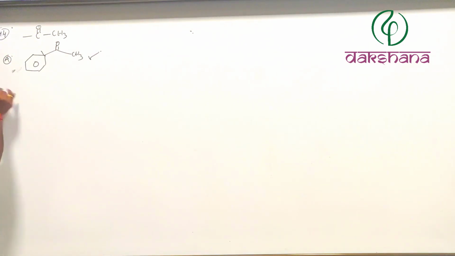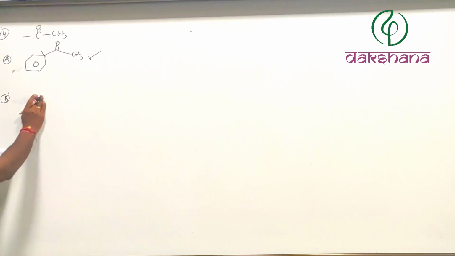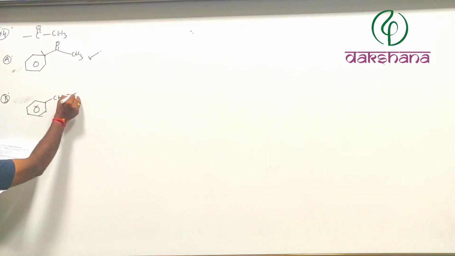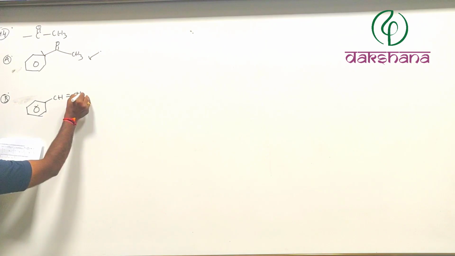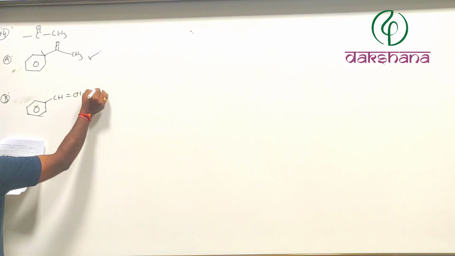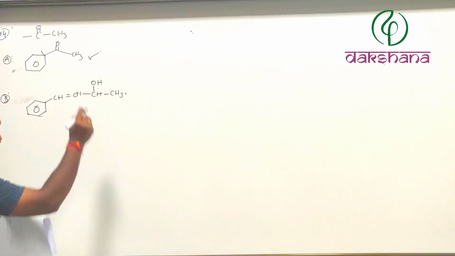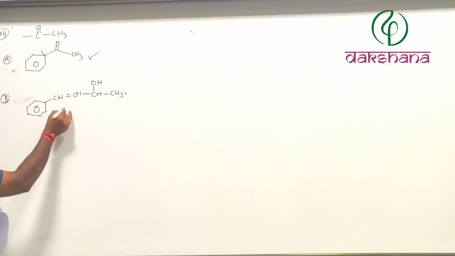Option B, benzene nucleus C6H5, then double bond CH. But here keto-enol tautomerism is possible.